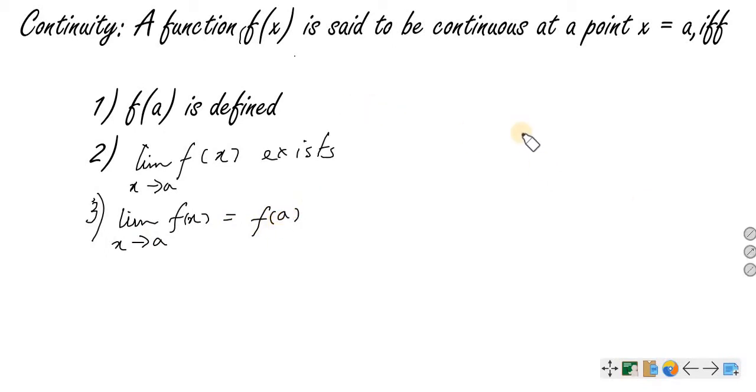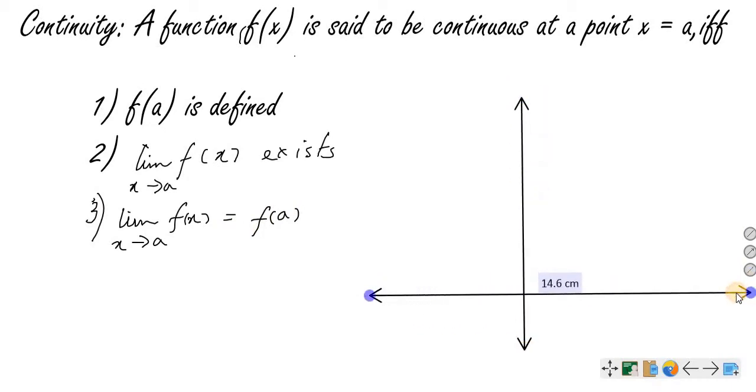Now let us try to understand this with the help of the graph. Suppose this is the y-axis, which is f of x, and this is the x-axis, and let this be the curve of the function f of x.